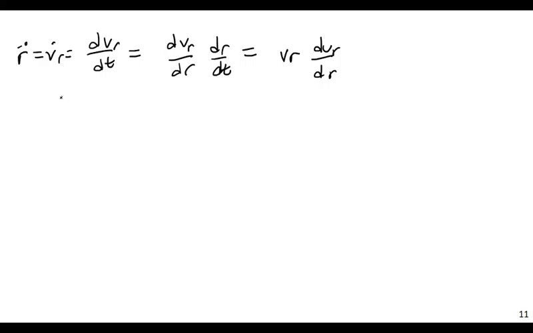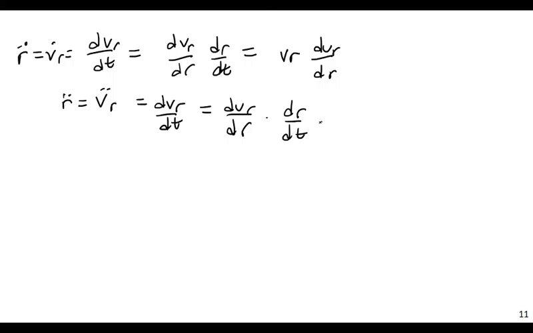Okay, and then I can say r double dot equals vr dot equals dvr/dt equals dvr/dr times dr/dt. I'm just doing a conversion of variables again, so it equals vr dvr/dr.